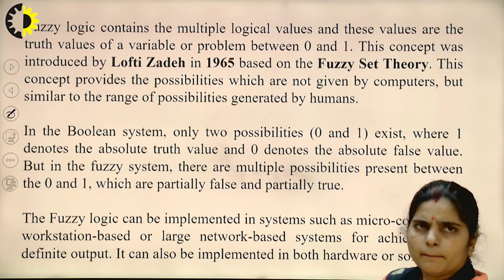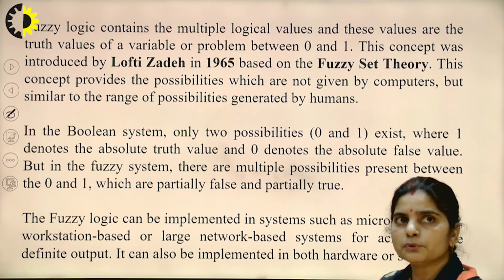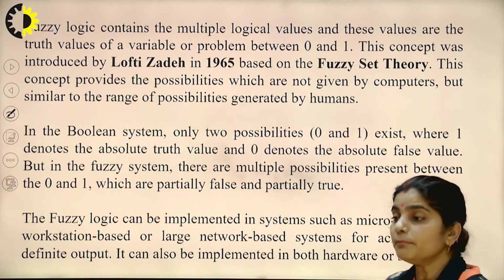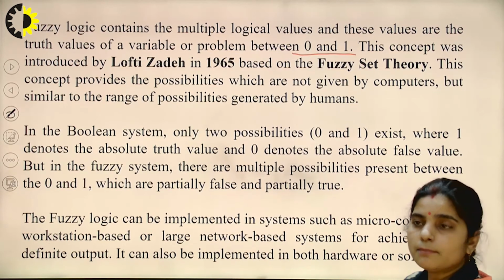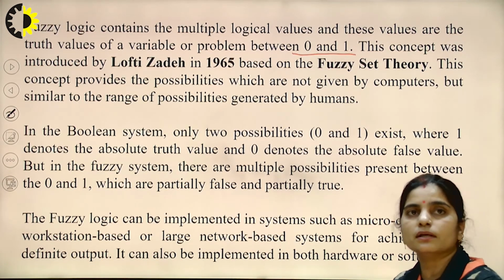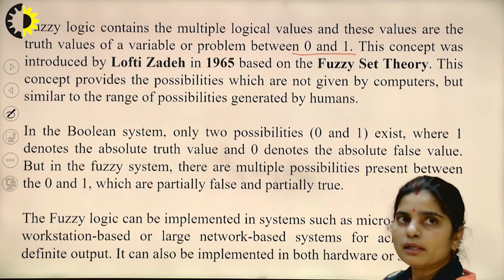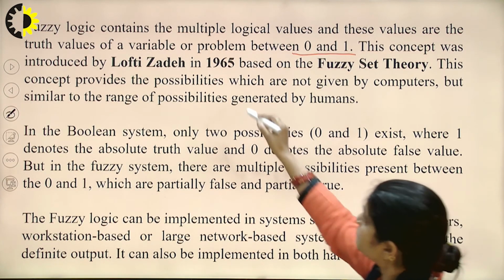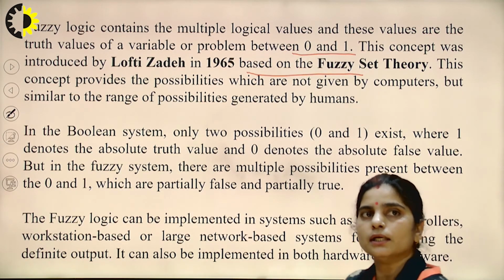Now basically, fuzzy logic contains multiple logical values, and these values are the truth values of a variable or a problem between 0 and 1. Not just 0 and 1, fuzzy logic contains the multiple logical values which lie between 0 and 1. This concept was introduced by Lotfi Zadeh in 1965, and it is based on fuzzy set theory.